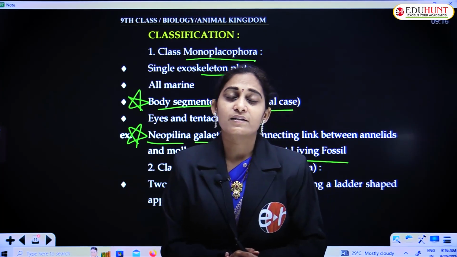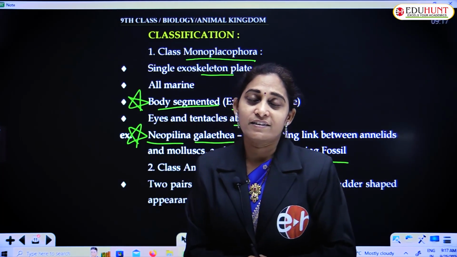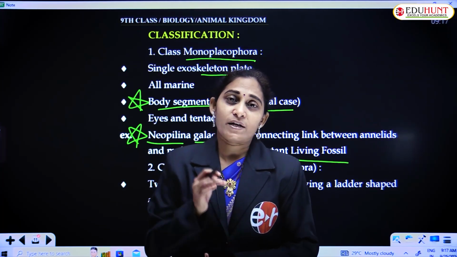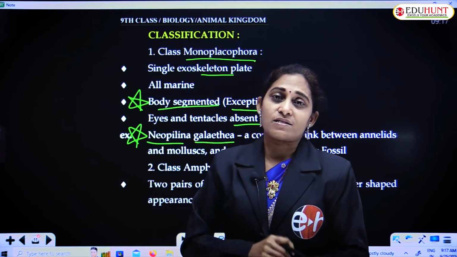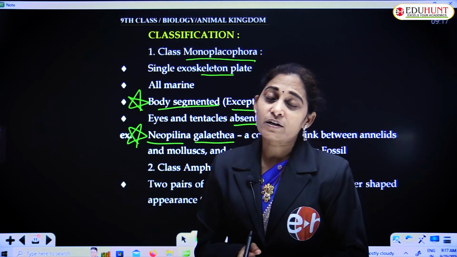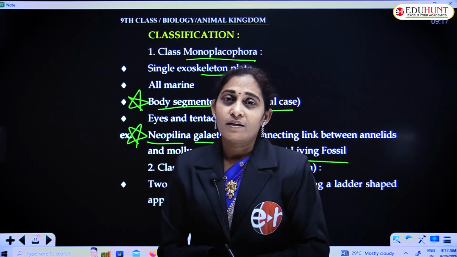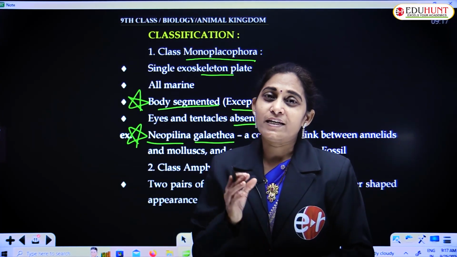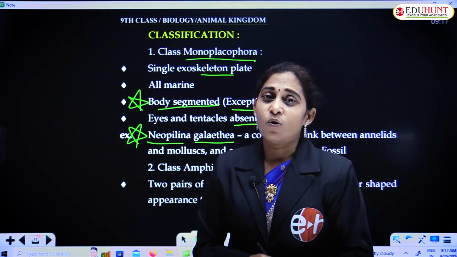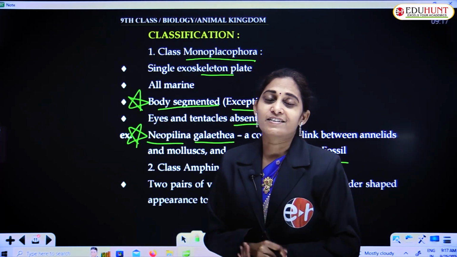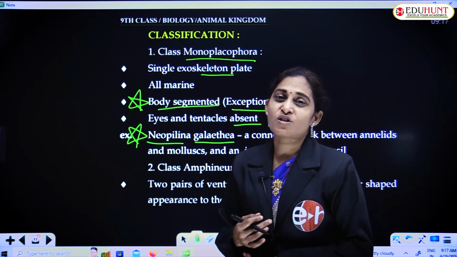Fossil is nothing but the leftovers, like skeleton, of the animals which were present in the past, but they are not there in the present. They were gone, they were extinct. Only their remains are available in the form of skeleton or some structures.